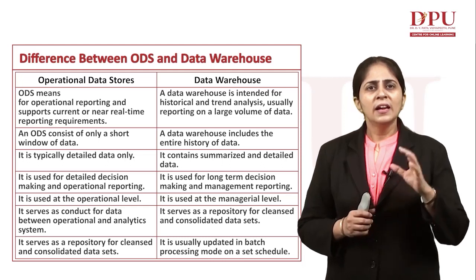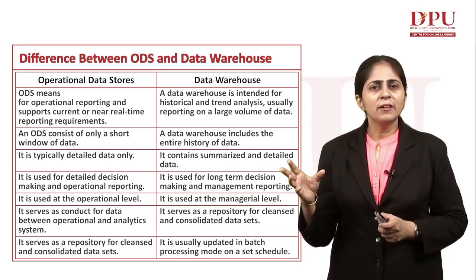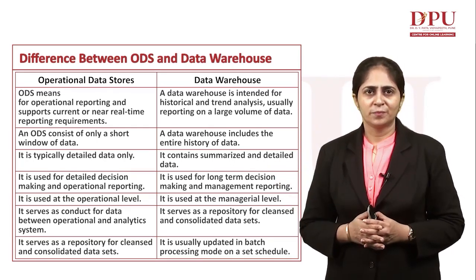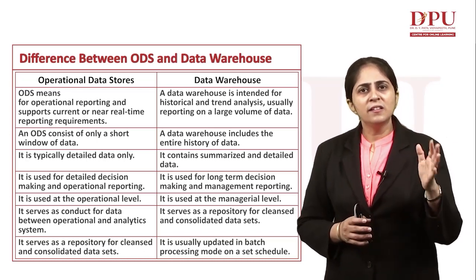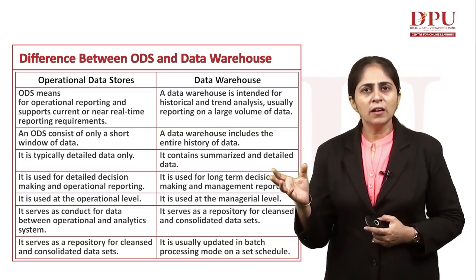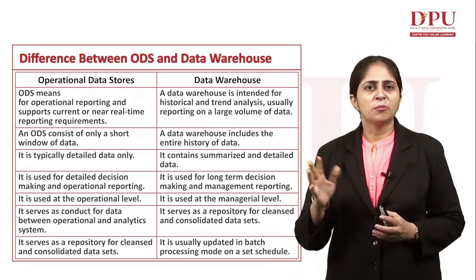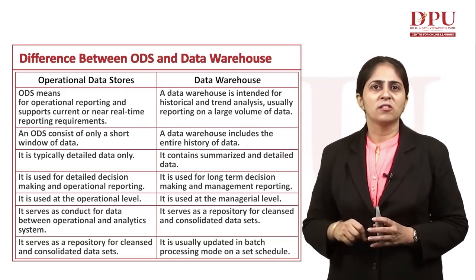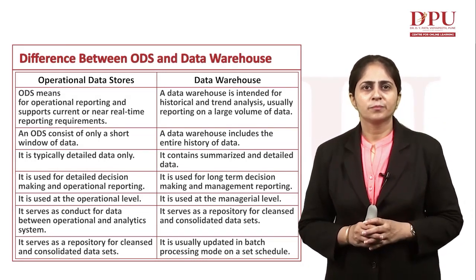Our ODS typically contains detailed data only, while our data warehouse will contain the detailed data along with the summarized data. Our ODS is used for detailed decision making and operational reporting, while our data warehouse is used for long-term decision making and management reporting too. So the warehouse is used for making long-term decisions, and ODS is used for detailed decision making.